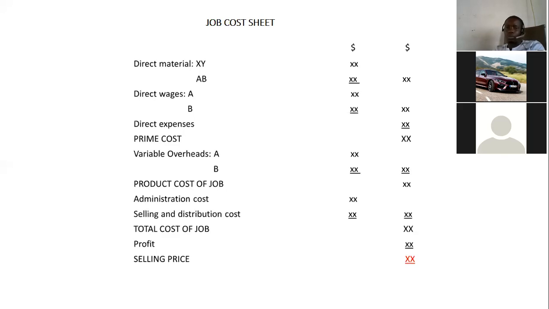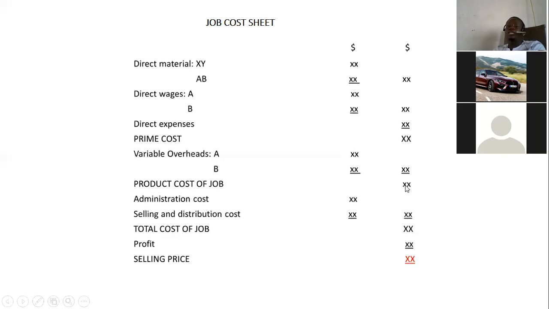Now, we will have to sum up our factory overheads and our prime costs. We sum up our factory overheads, which has been divided into fixed and variable. When that is done, you arrive at a figure. When you sum up the prime cost and the overheads, we are getting this.